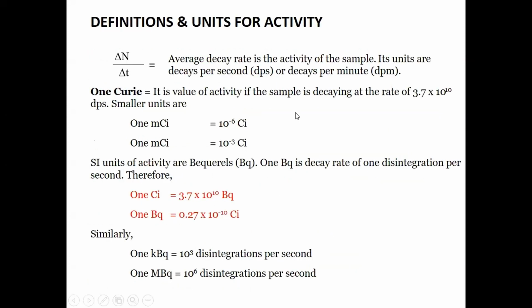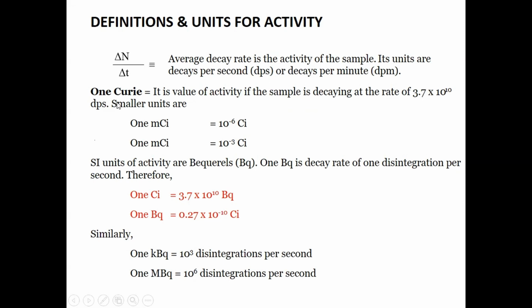Let us define the activity. For a sample containing radioactive material, dN over dt is the average decay rate, and its units are decays per second. People write it in dps form, or some people say that these are decays per minute, dpm.